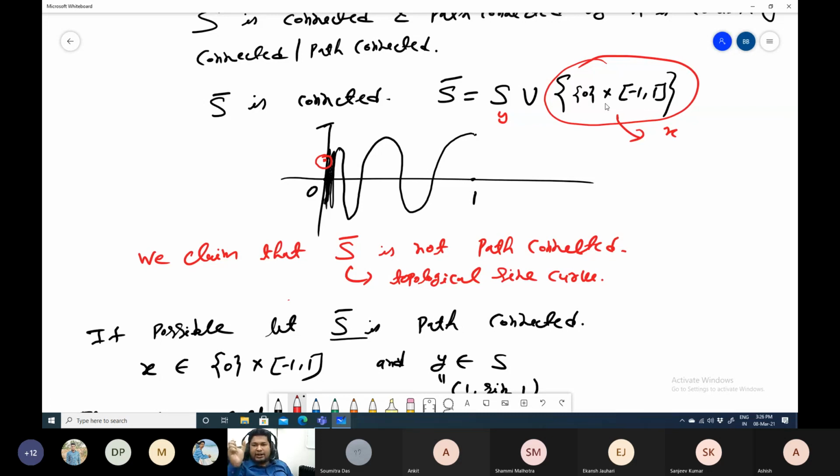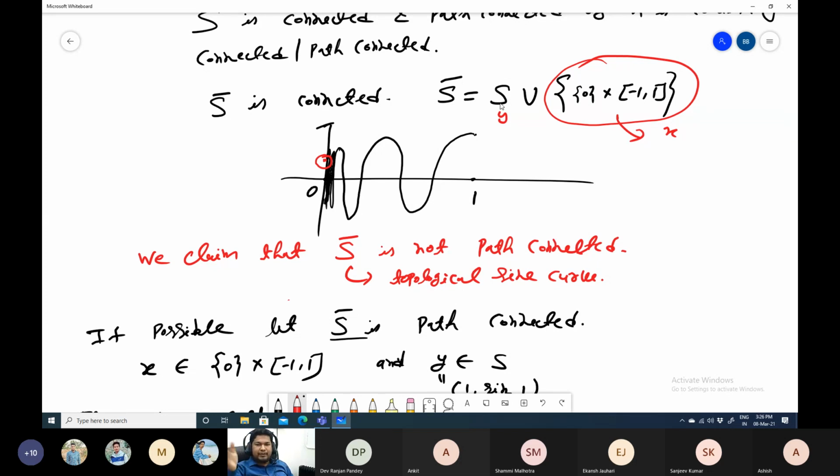Then we restrict the domain in such a way that at the beginning f of 0 will be in this set, but whenever t is bigger than 0, f of t will be in S.